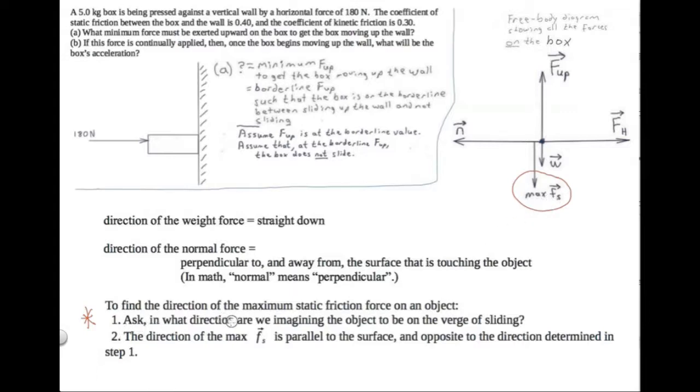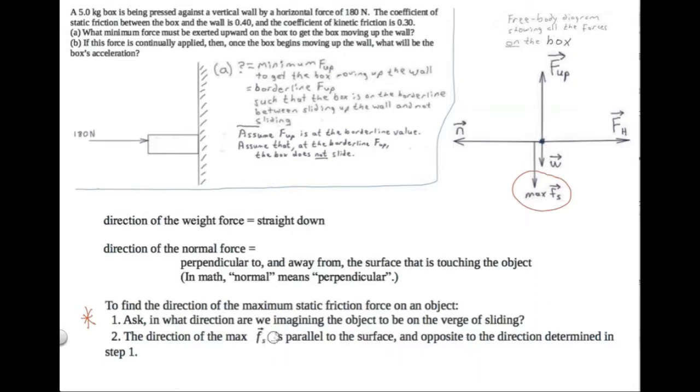Ask yourself, in what direction are we imagining the object to be on the verge of sliding? Well, we're imagining that the object is on the borderline of sliding up the wall. So the maximum static friction has to be parallel to the wall and down the wall.